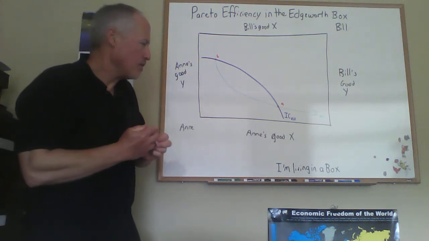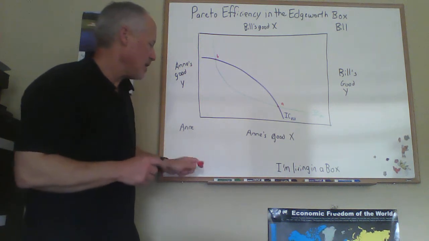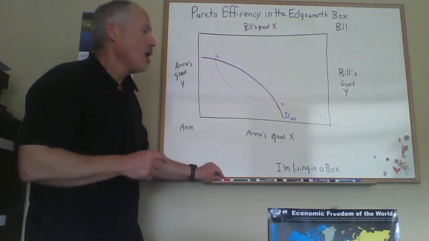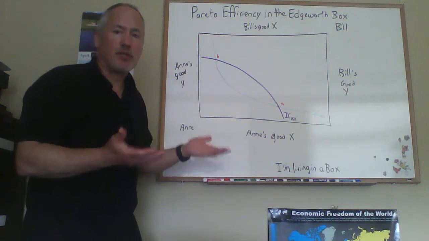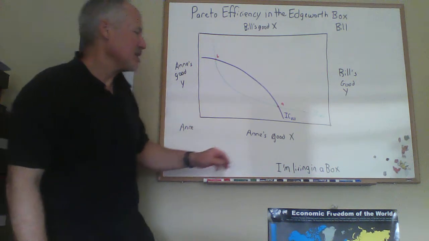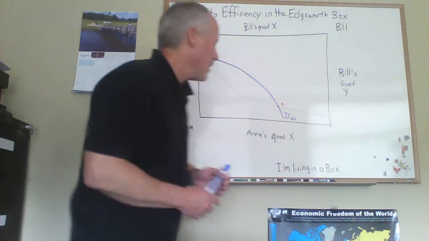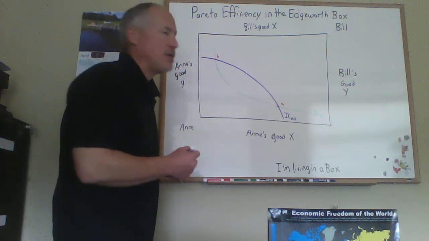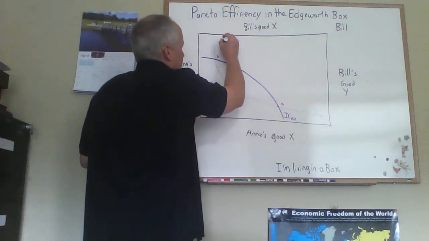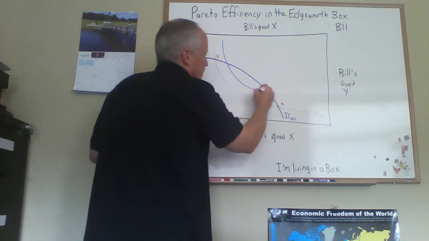Okay, so one way of finding Pareto efficiency is to find everything that's not Pareto efficient. Because when we've figured out what's not Pareto efficient, then what's left has to be Pareto efficient. So here I'll draw another indifference curve in here for Ann.